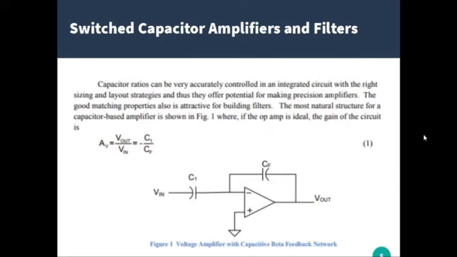The most natural structure for a capacitor-based amplifier is shown in figure 1, where if the op-amp is ideal, the gain of the circuit is, okay, so A is gain, so the voltage gain is equal to the output voltage over the input voltage, which is equal to negative C1, the value of the capacitor on the input side, over the feedback capacitor, the capacitor on the output side.